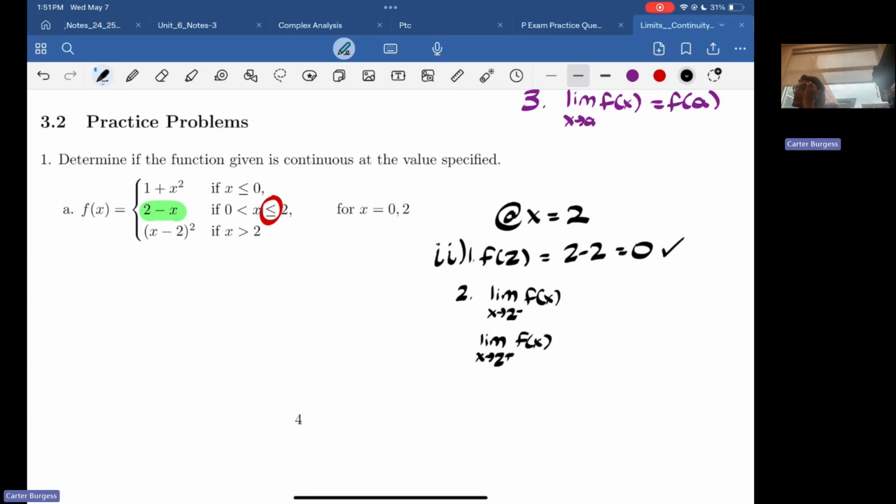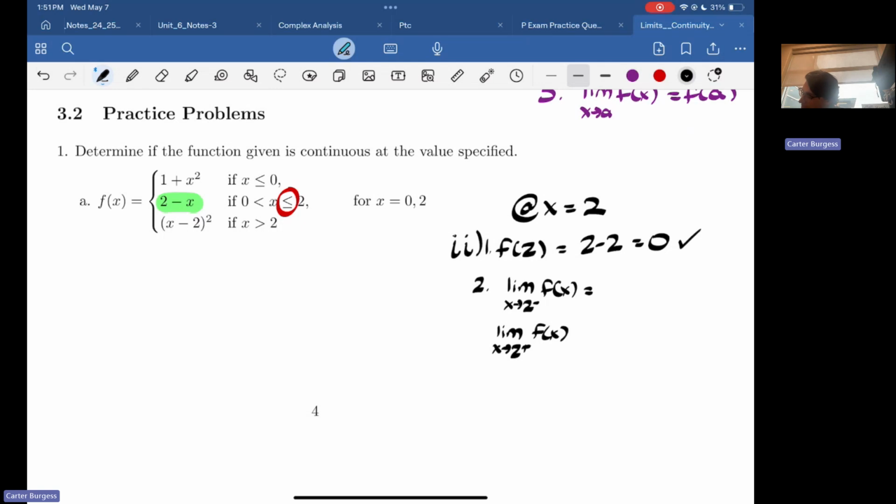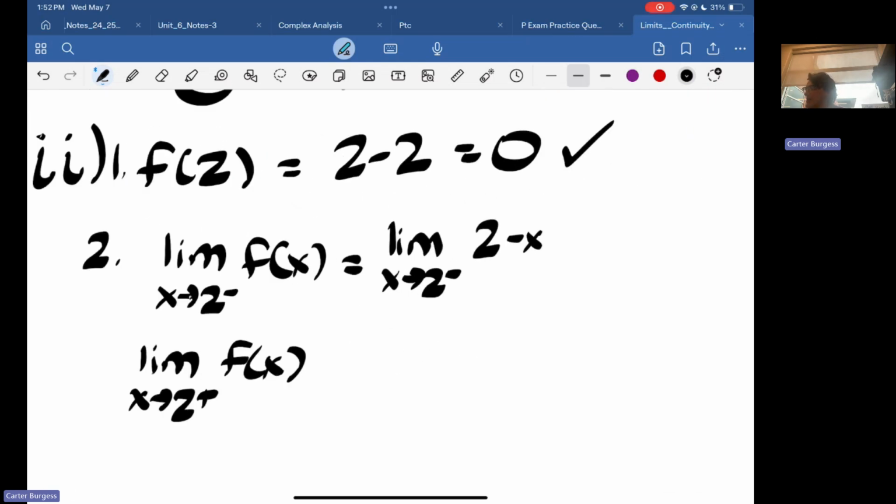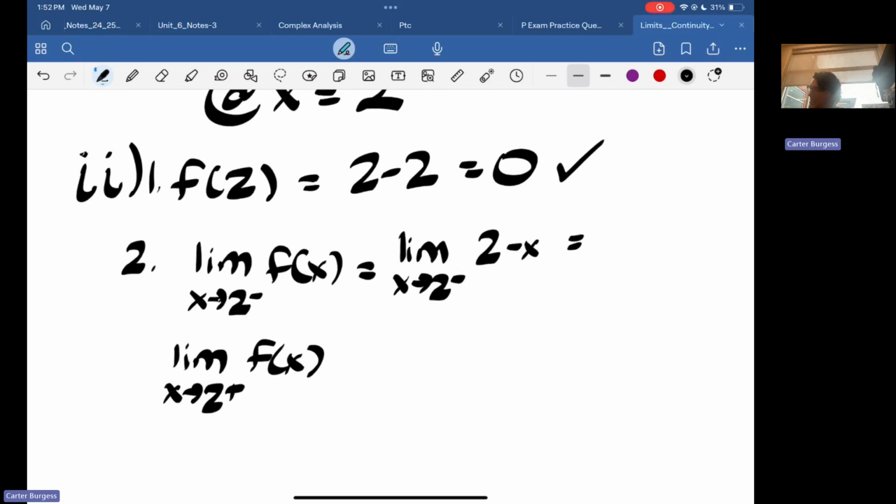If I am using values that are slightly to the left of 2, which equation should I use? Yeah, we'll do the middle one again, right? We'll do 2 minus x. And is this limit one that is going to have domain errors at all? No. And so what do we get to do? Just plug in, and what do we get? 0. Nice. Okay.